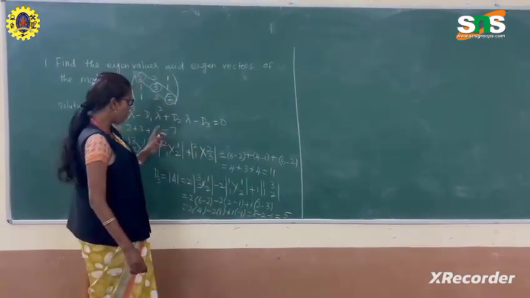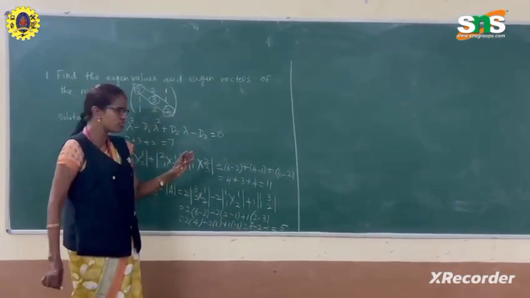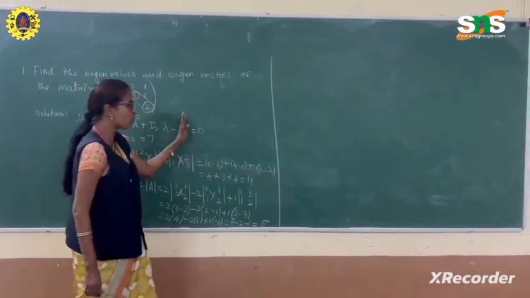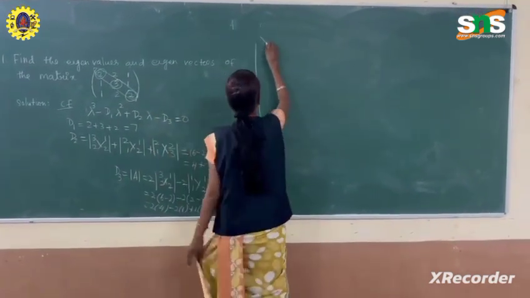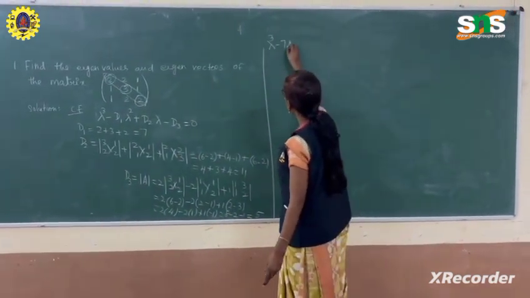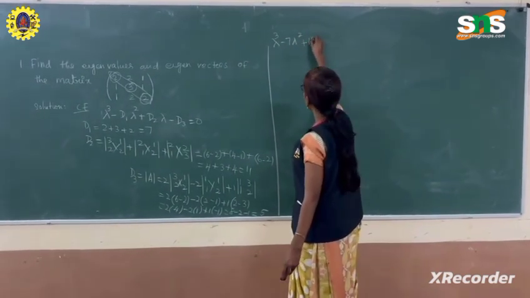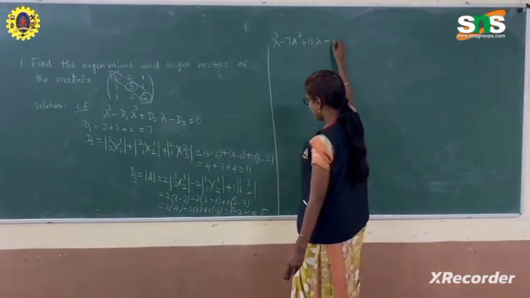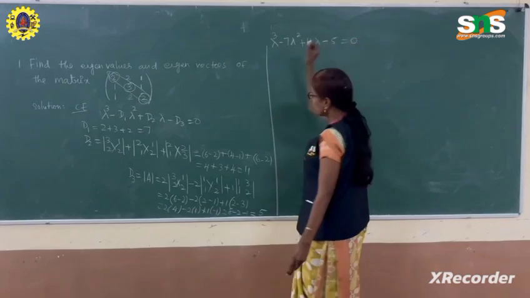Finally we got all the values: d1 is 7, d2 is 11, d3 is 5. Just substitute all the values in this equation. So finally we get the characteristic equation as lambda cube minus 7 lambda square plus 11 lambda minus 5 equal to 0.